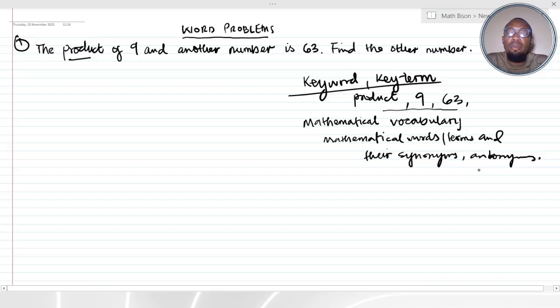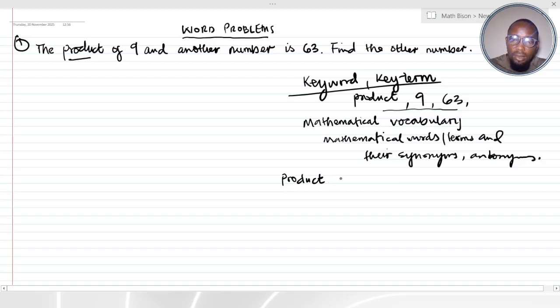Yes. What do I mean by this? Here you are saying product. You need to ask yourself, what is a product? Product is what you get when two numbers are multiplied by each other. Or when a number is multiplied by itself, what you get is a square, it's also a product. If it's multiplied by another number, it's still a product.